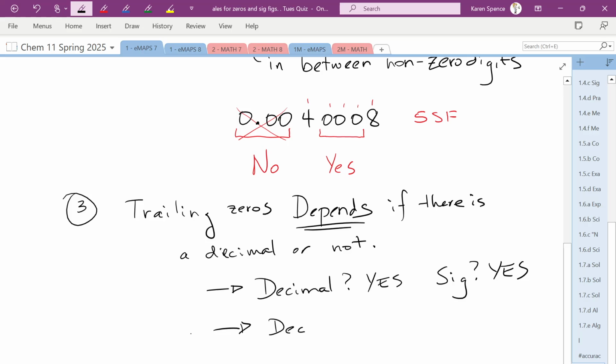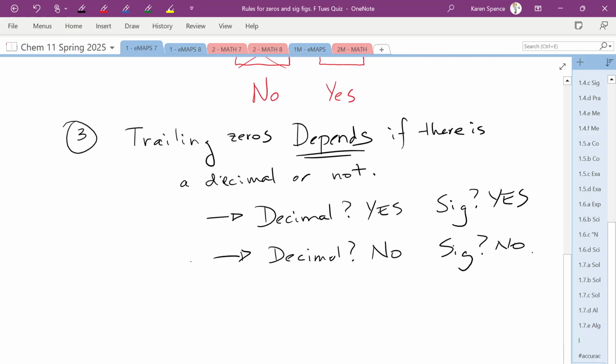We're just reviewing the sig fig rules for zeros. So decimal, no. Significant, no. And the only other weird little bit we have is the overbar. So I'll make this number 4.